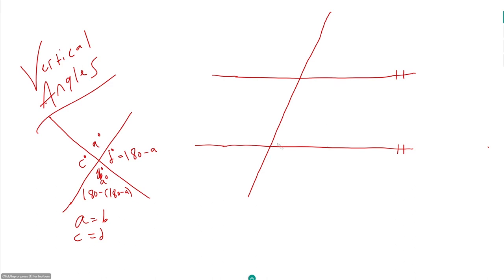And so my upper right quadrant here should be equal to my upper right quadrant here, which means this angle here should match this angle here. This angle here should match this angle here. Bottom left quadrant here should match my bottom left quadrant here. And then my lower right should match my lower right here.